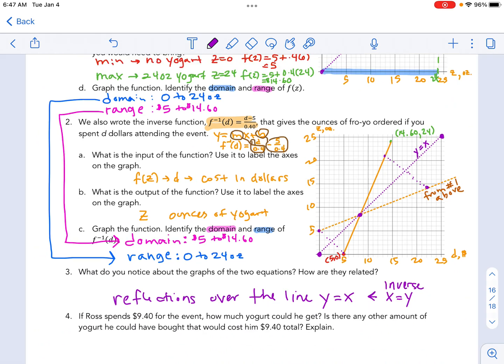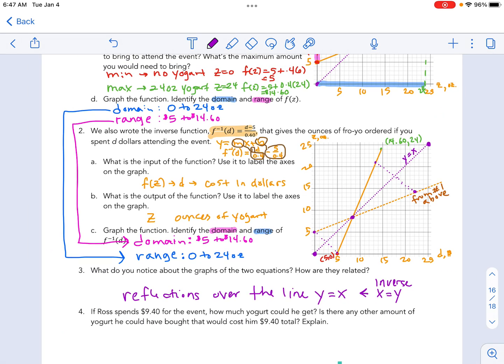So it's a reflection over that line y equals x, which is kind of cool. And it has a lot of visual benefits. Now, graphically, we can just notice that reflective quality, which is kind of cool.